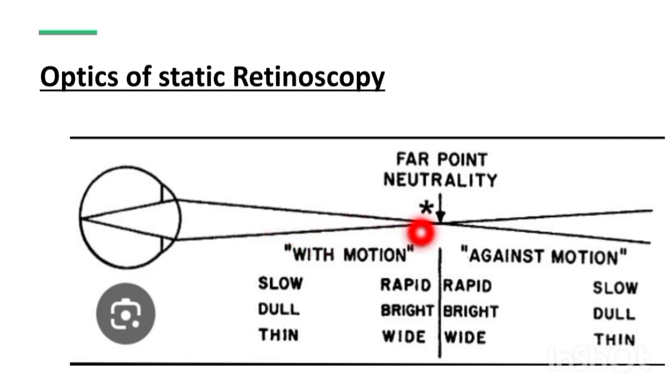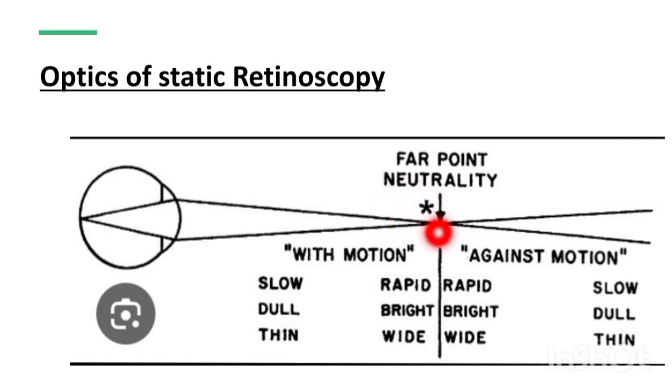Each and every patient's eye has a different far point. If the far point is here for this eye, that means if we put an object here, the patient can see it clearly without any accommodation, and that is the patient's actual or accurate refractive power.